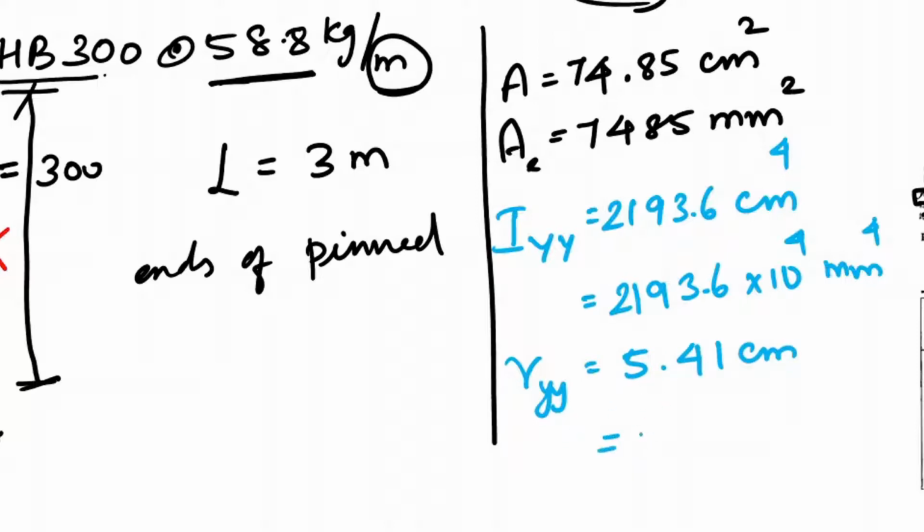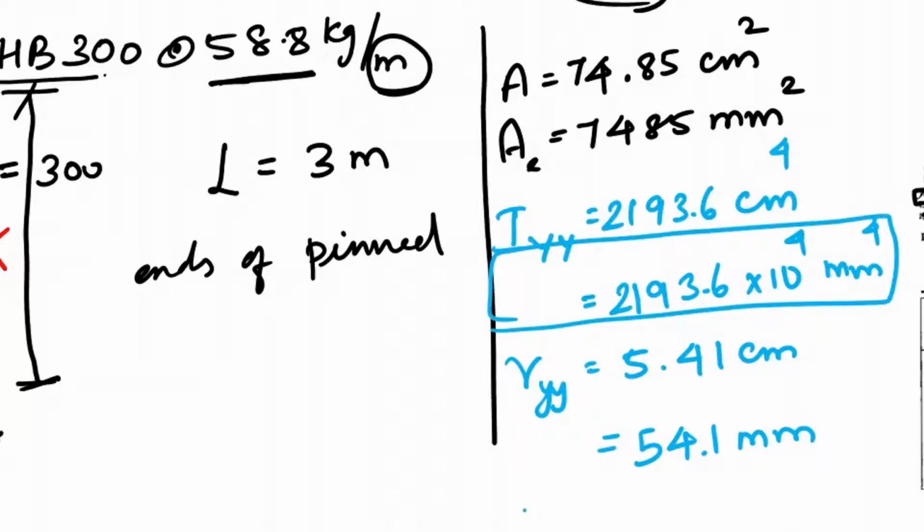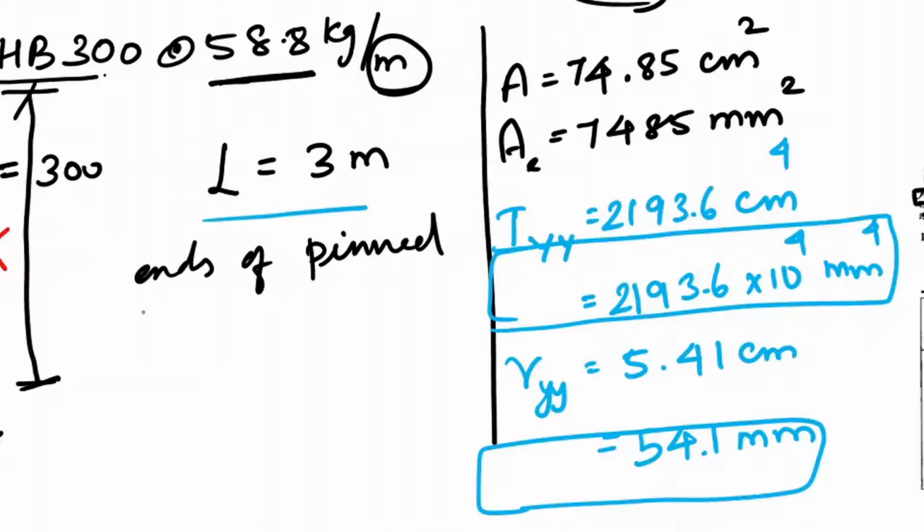If I want to write it in mm, then 54.1 mm. Okay, now I know all the values. I know the least moment of inertia, I know the least radius of gyration, and now I need to know the effective length. I know the total length is 3 meter. Ends are pinned. Now what is my effective length?